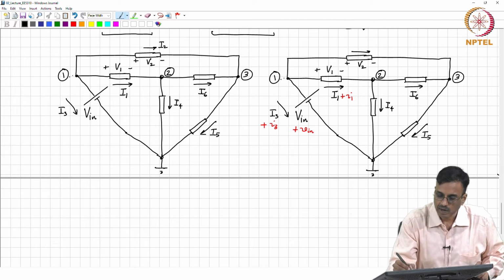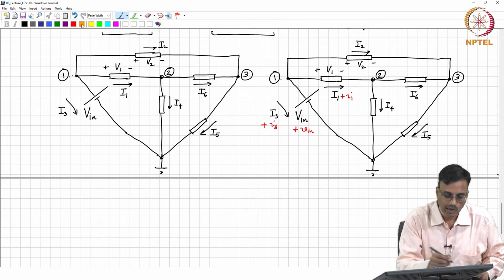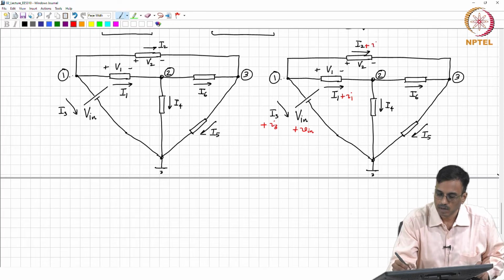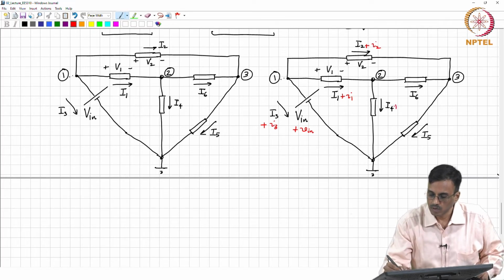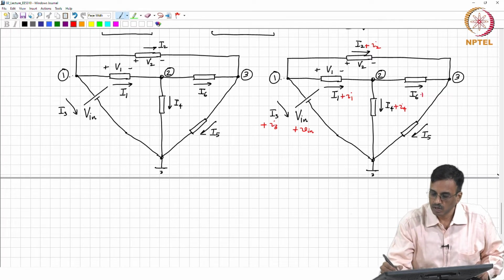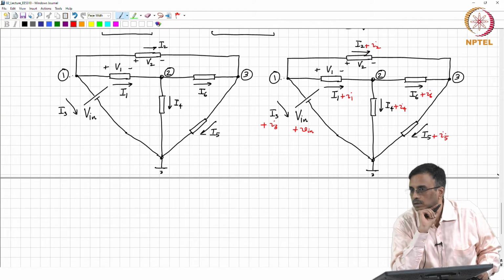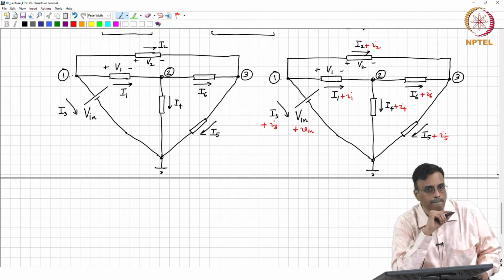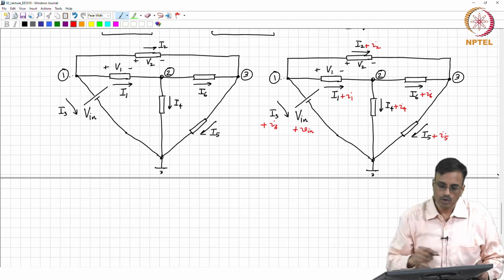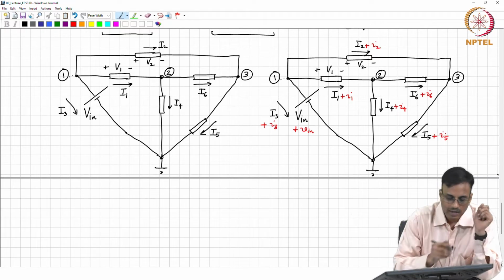So, this current which was I2 will now become I2 plus small i2, this is small i4, this is small i6, this is small i5. Does it make sense? Okay. Now, quick question.